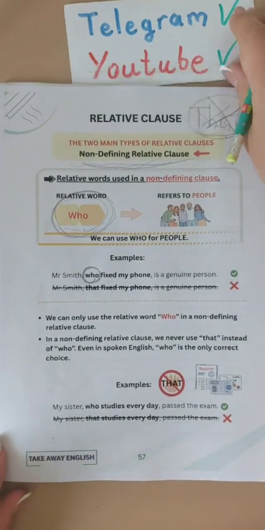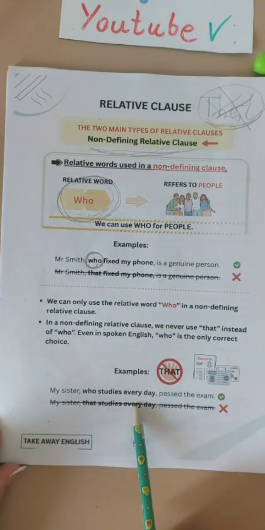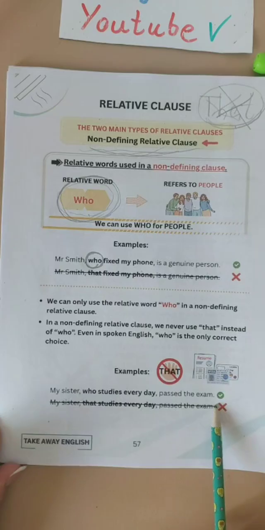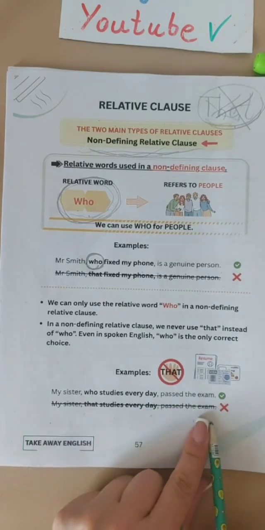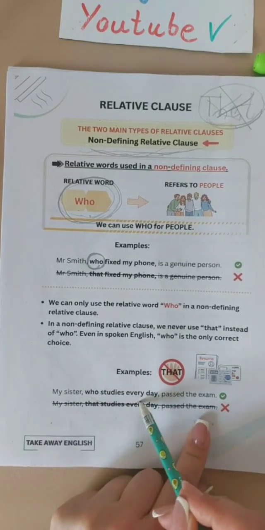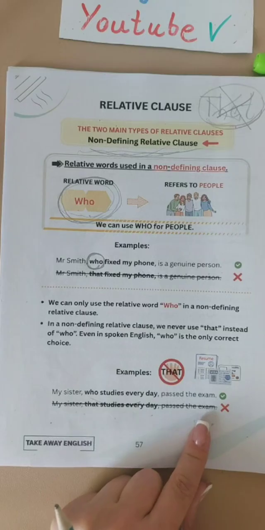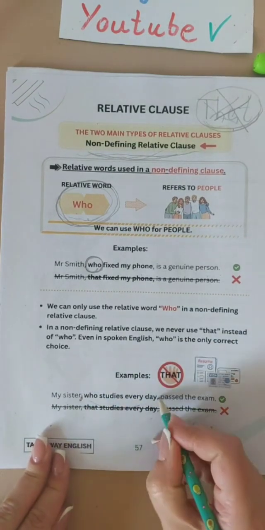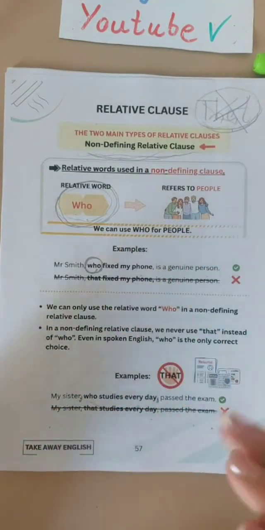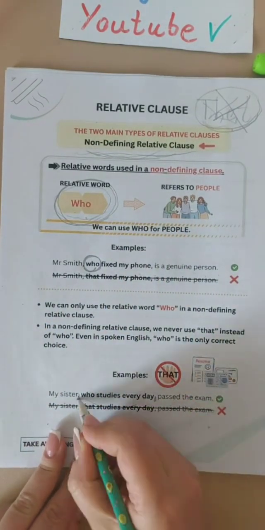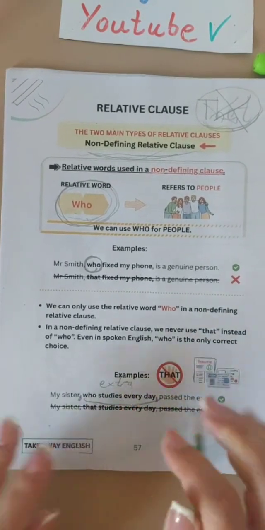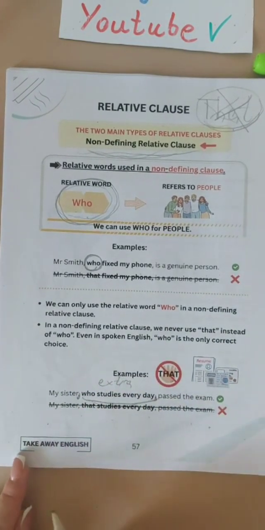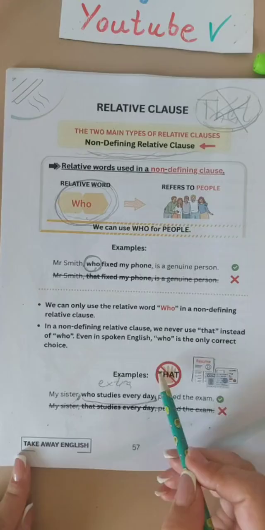Okay? So here you can see that my sister, who studies every day, passed the exam. My sister that studies every day passed the exam is incorrect. This information is extra information. So when you see commas, it already tells you no that. When you see commas, it tells you this information is extra, by the way, okay? So commas tell you no that.